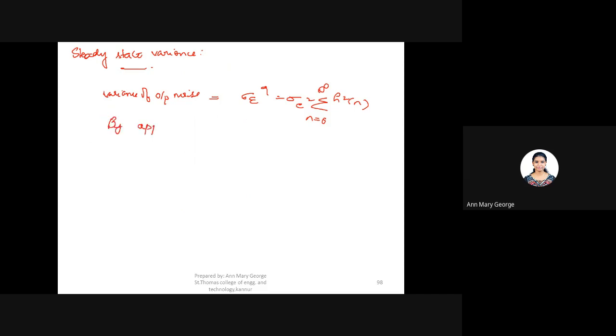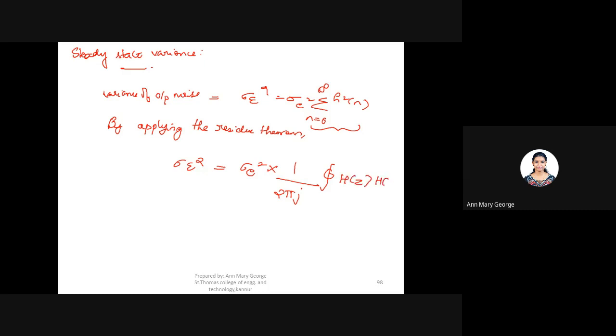By applying the residue theorem, we can write the variance as, or this much term, as 1 by 2 pi j integral h of z into h of z inverse dz.